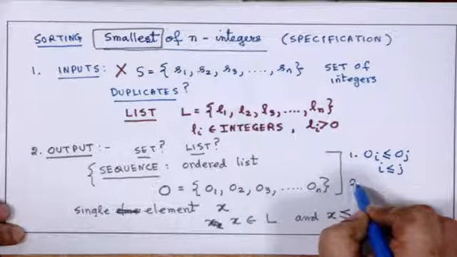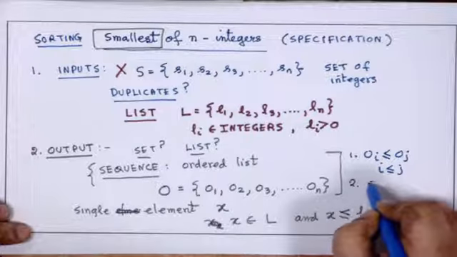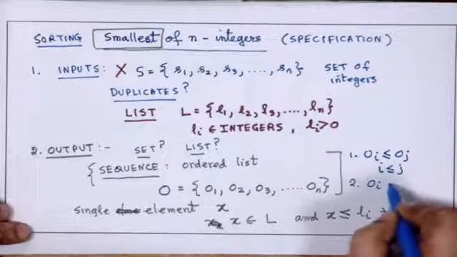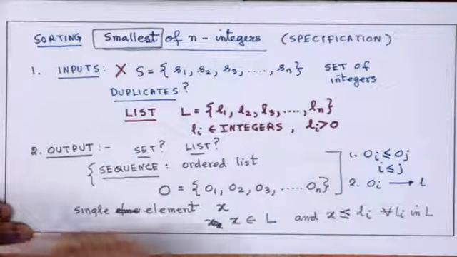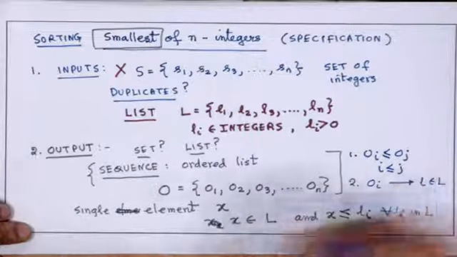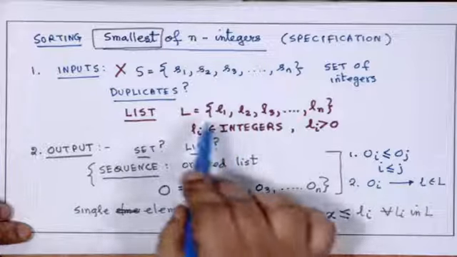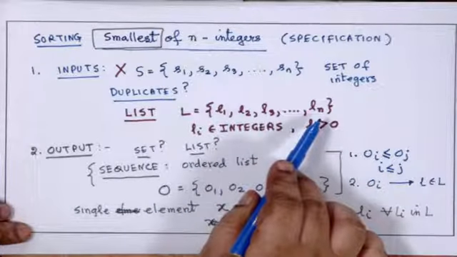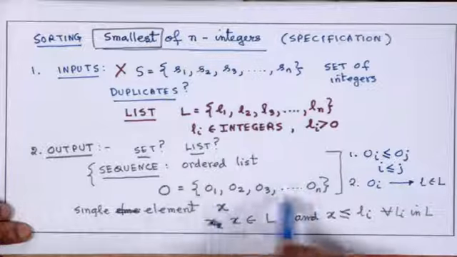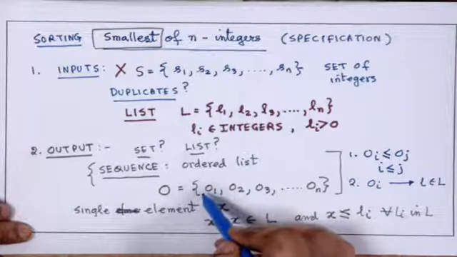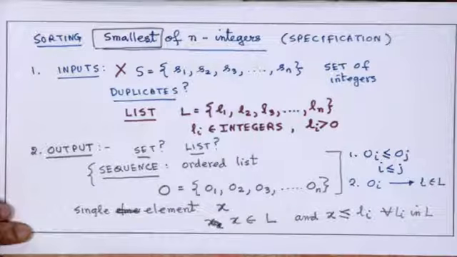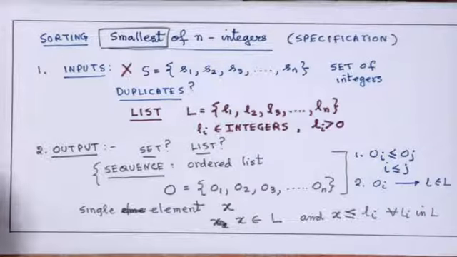The second property is that every Oi has a 1-to-1 correspondence with some Li in L. That is, if I have n elements in the initial list L, then in the output sequence also I will have n elements, and every element will map to a unique element in L. That means you cannot have some extra elements, you cannot have fewer elements, and you cannot have duplicate elements.